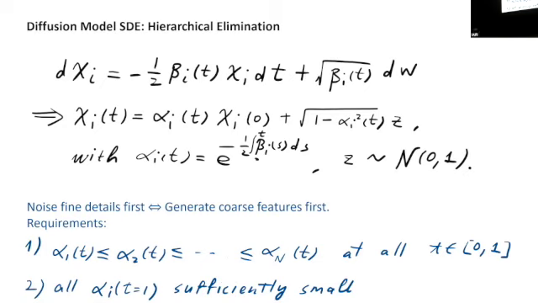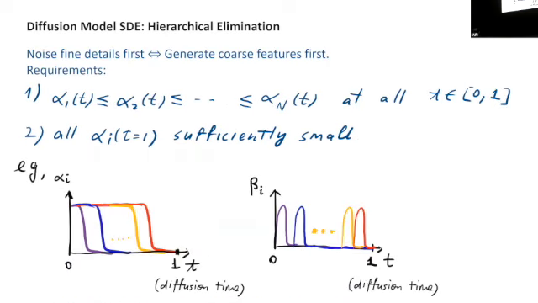So that's why we can also look at this same SDE in the integrated form, again with the damping factor alpha_i, which is now channel dependent. And then we want to design, in view of time, I'll be rushing, the alpha_i's to satisfy some conditions that basically boil down, in English, to: you noise the fine details first, where I define fine details in terms of the size of the covariance earlier.